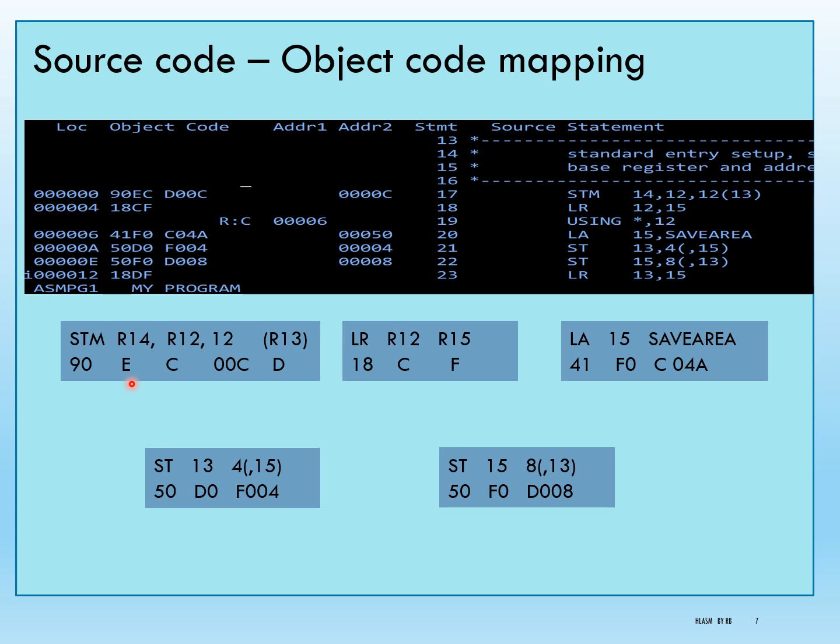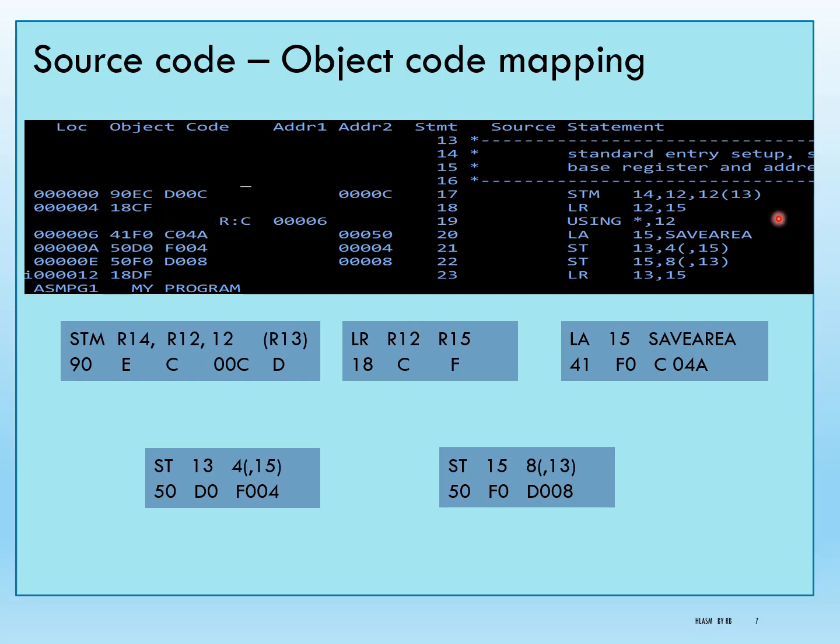R14, 14 is E, R12 is C, and R13 is D, and the number 12 is 000C. So you see it here: 90, E, C, and D000C. Why? Because from register D, I am at a displacement of 000C. That is why this STM 14,12,12(13) you are seeing as 90EC D00C.